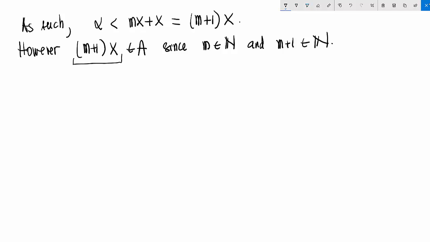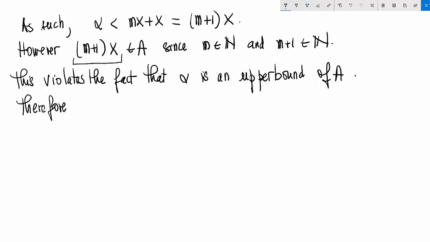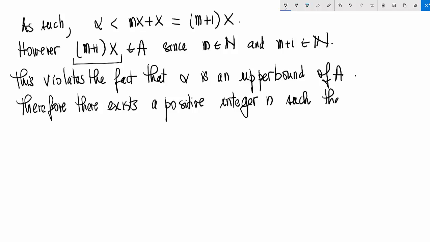So it's a member of A, and this clearly violates the fact that alpha is an upper bound of A, and therefore there must exist a positive integer n such that nx is greater than y.